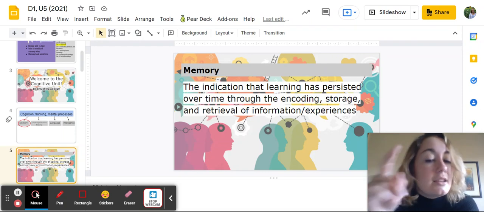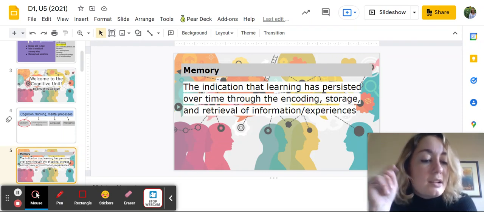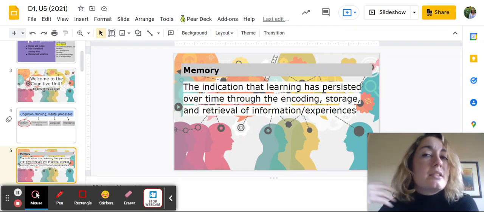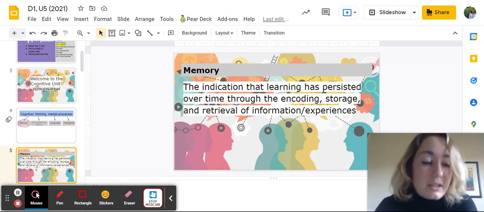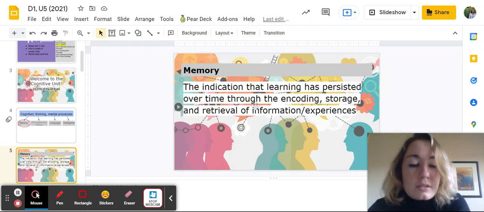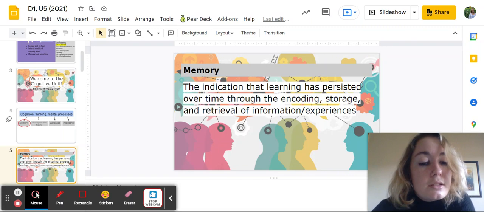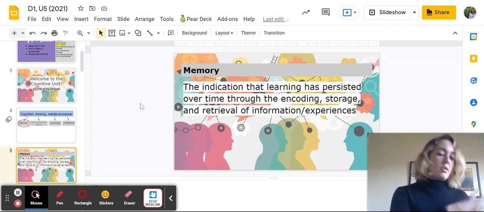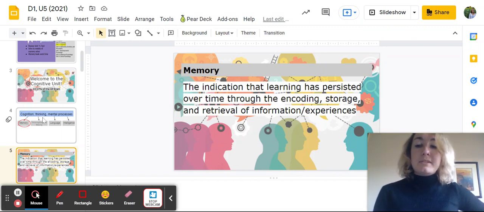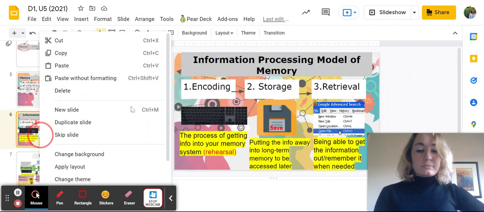So memory is the indication that learning has persisted, that it's something you have taken and stored and will be able to do again. We're going to talk about this process of encoding, storage, and retrieval, what these terms mean, the sequential order in which these happen, and all the steps that go along with it.